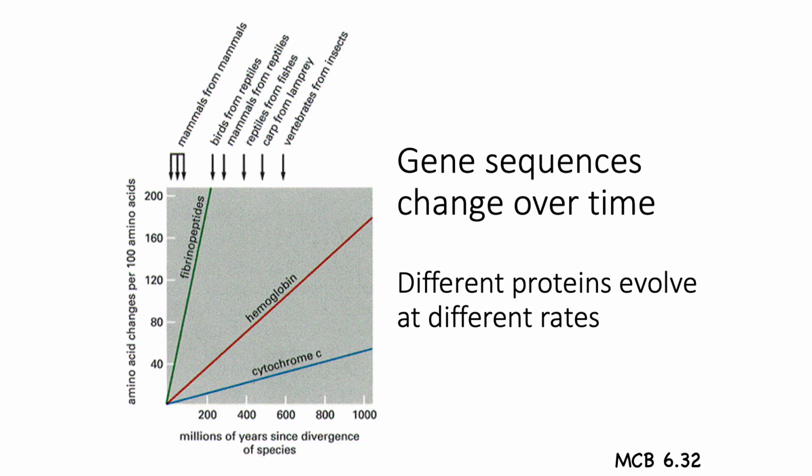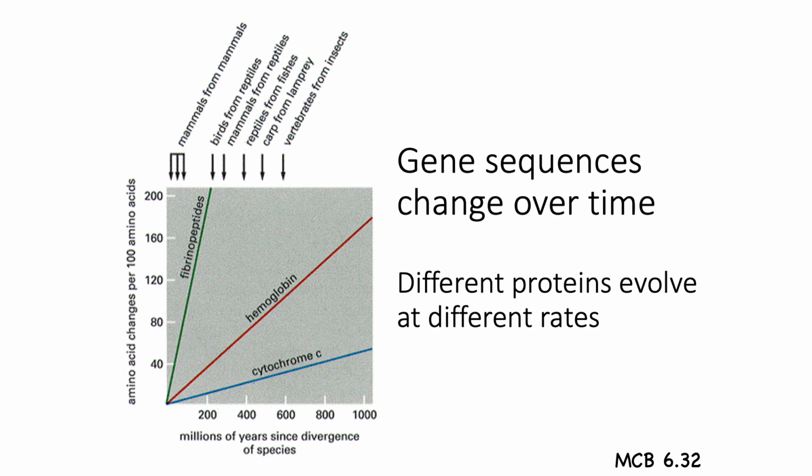And again, all these gene sequences are changing over time, but different proteins evolve at different rates. And here are 3 examples looking over a timeline on the x-axis and the amount of change on the y-axis. And we see the blue line represents changes of the protein cytochrome C, which is involved in metabolizing foreign chemicals or drugs.